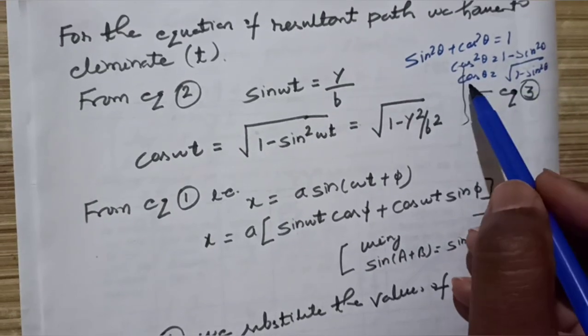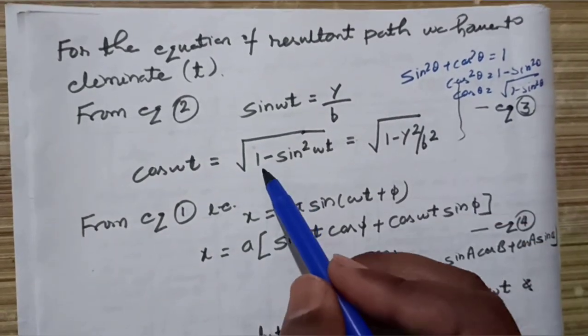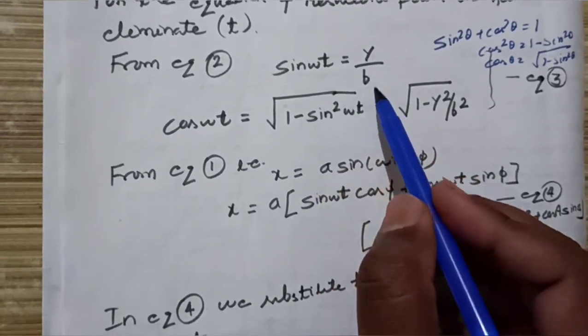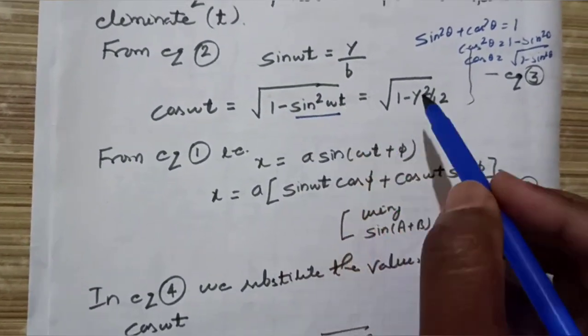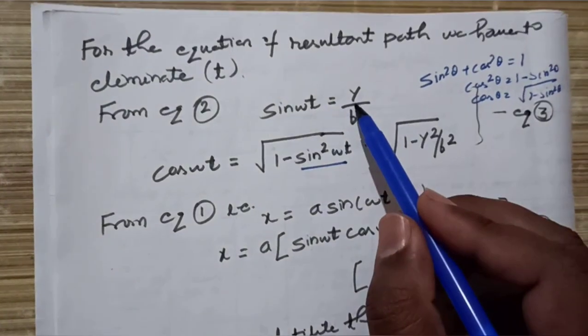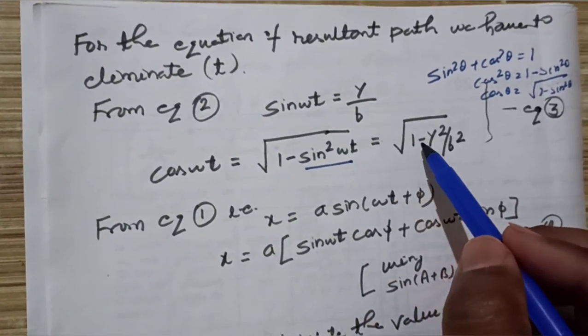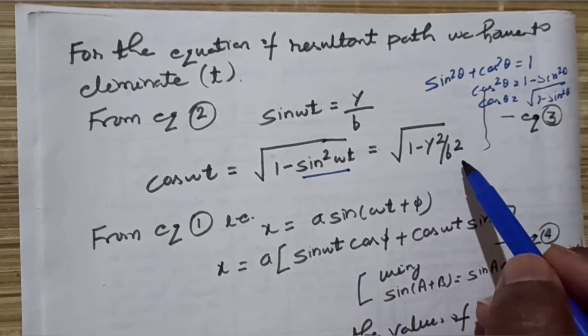So cos omega t is the root of 1 minus sin square omega t. Placing y upon b in place of sin omega t, it will be the root of 1 minus y square upon b square.